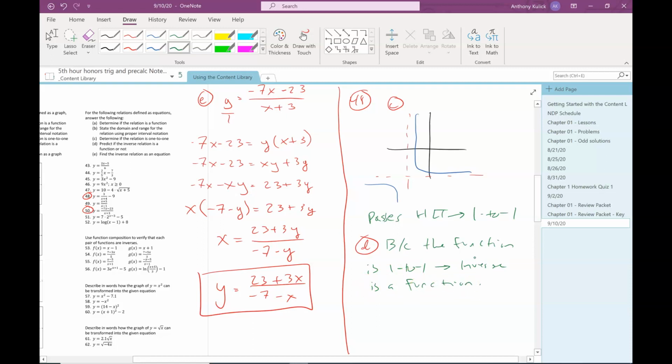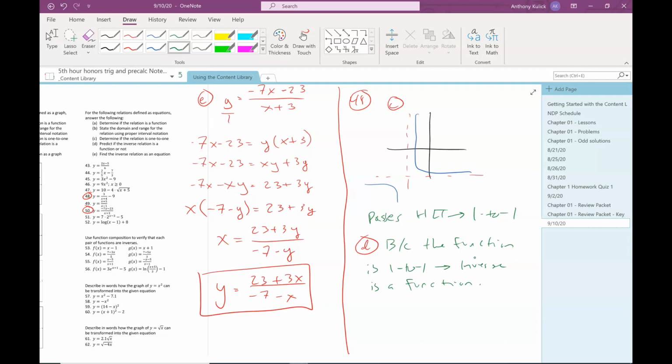Now, technically, our function should be bijective, but the onto part when you're given an equation is just kind of taken as a given. So we don't really have to worry about that, because when we describe our function as just an equation like that, we assume the range is just whatever the range is for the function.